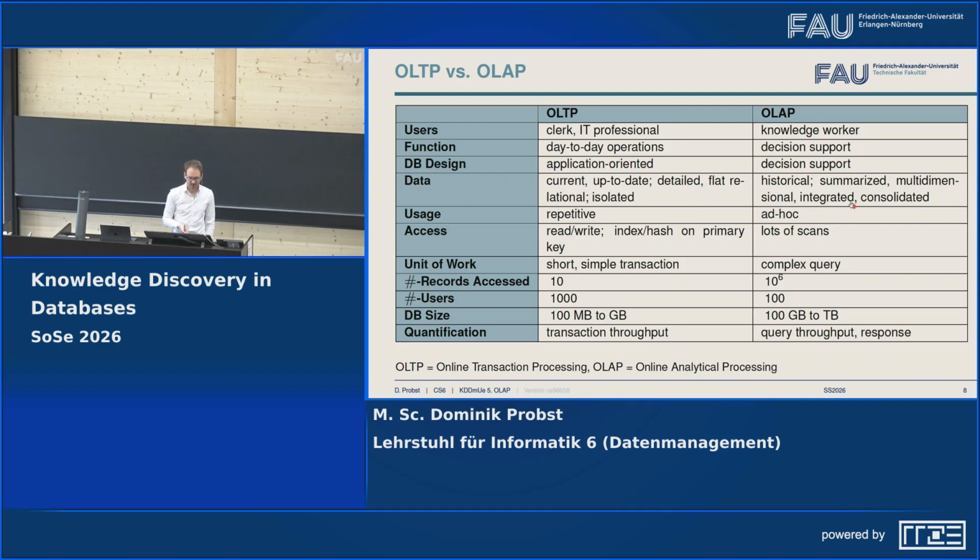In OLAP databases, we do not have reads and writes a lot. We have a lot of scans, and we simply append new data into the database once, so we can access it for our scans. But most of what an OLAP database will do is reading a lot of records at the same time to perform data mining operations.